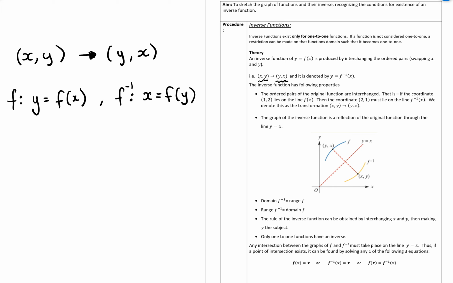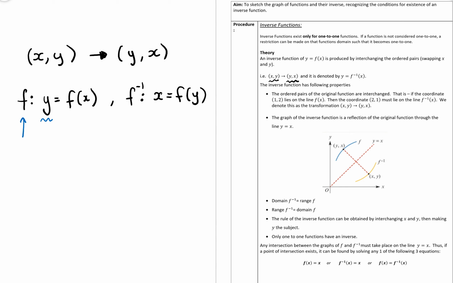And this is the way we do it. We're saying let our function f be such that y equals f of x. And so our inverse function would be such that, that's what that colon means, such that x equals f of y. So really when I'm doing this, I'm saying swap x and y.